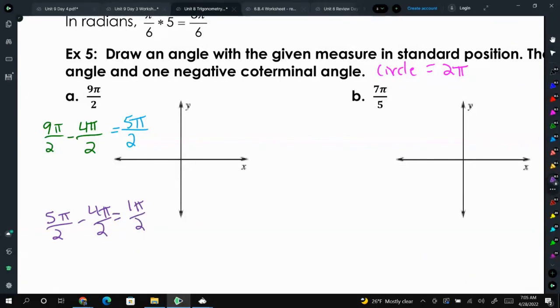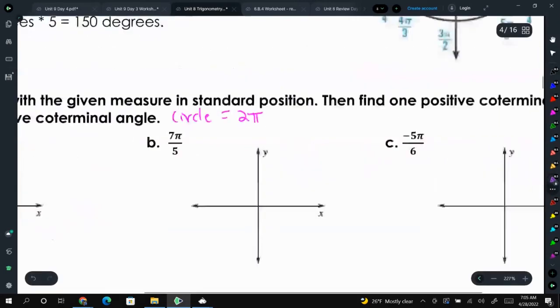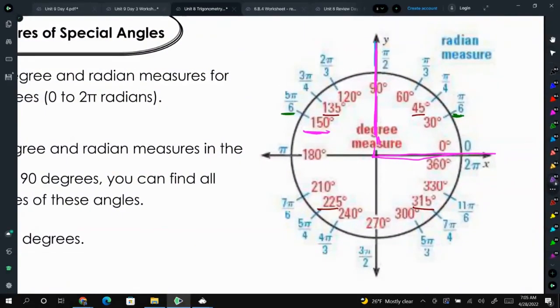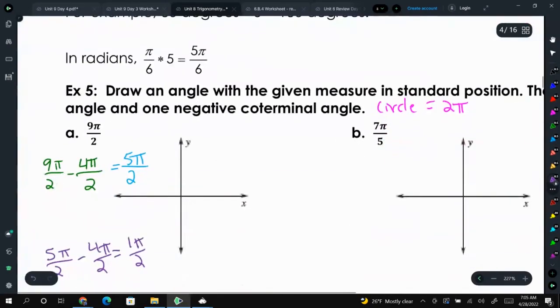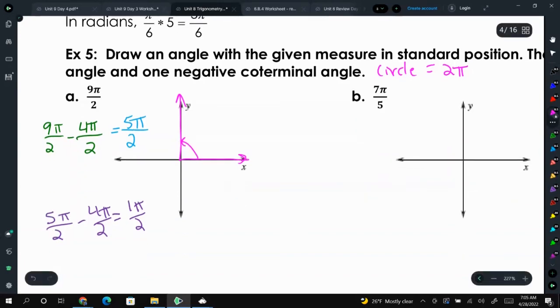Well, if we look back up here, pi over 2 is 90 degrees, or you could use the conversion. So this angle right here is pi over 2, or 90 degrees.